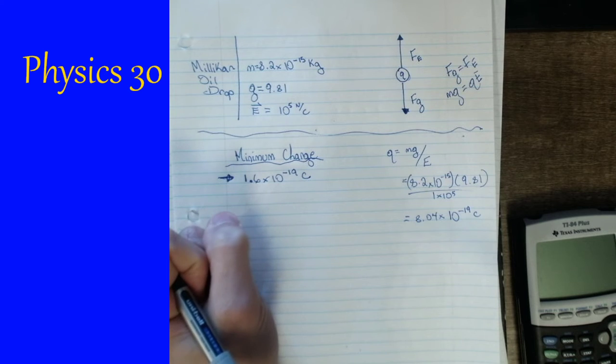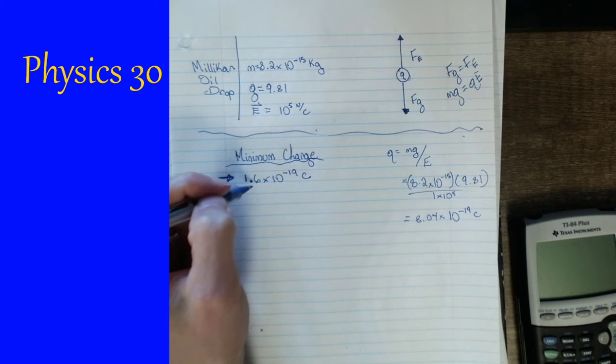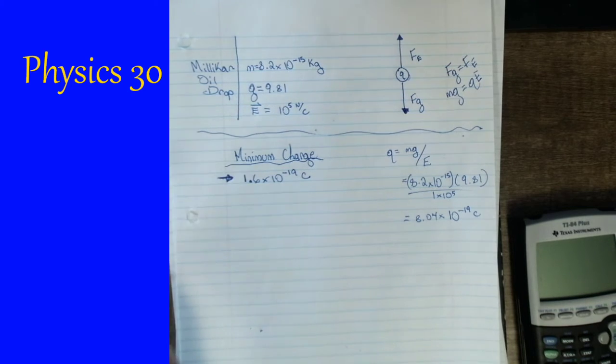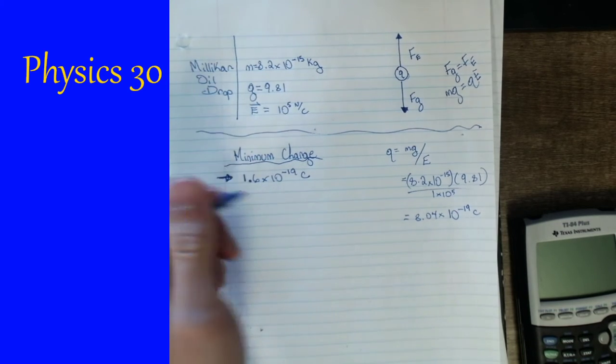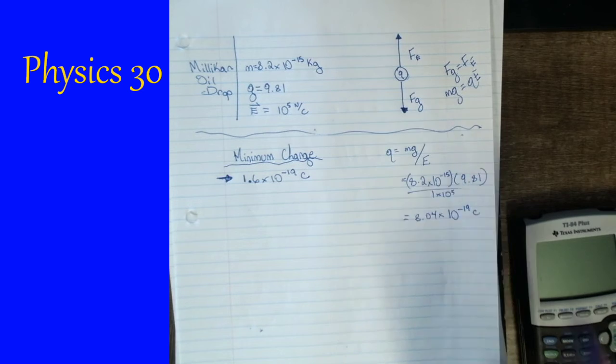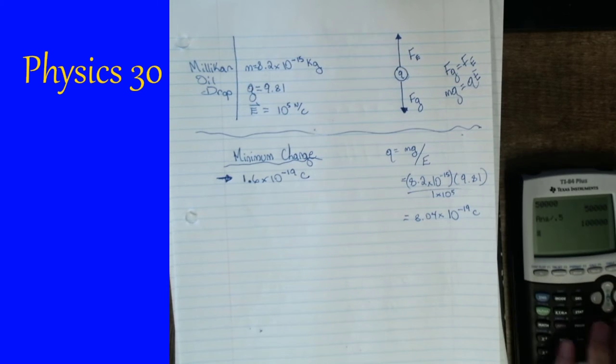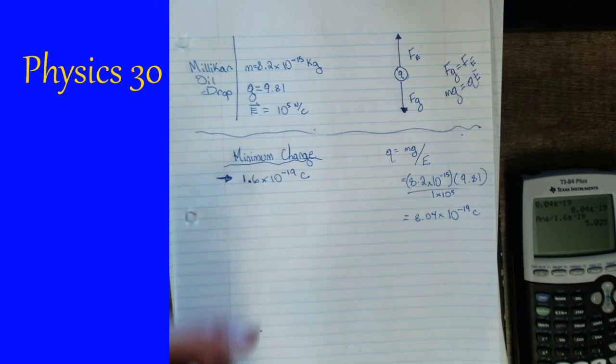And not only does he say that seems to be about the minimum charge, he notices that anytime he calculates for a charge, like in this particular case, we take this number and divide it by the 1.6, it's fairly close to 5.